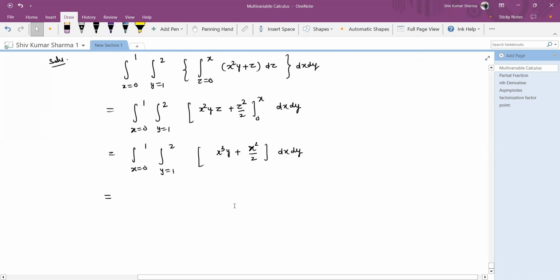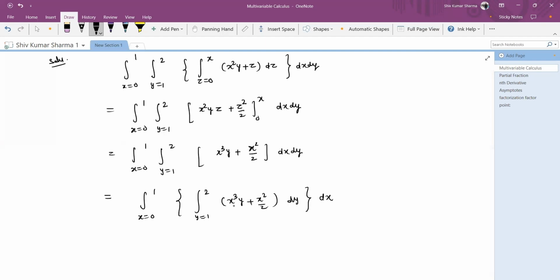Now we see that both limits are constant, so we can integrate any one of them first. So here we integrate with respect to y: y equal to 1 to 2, x cube y plus x square upon 2, into dy, and here we write dx.